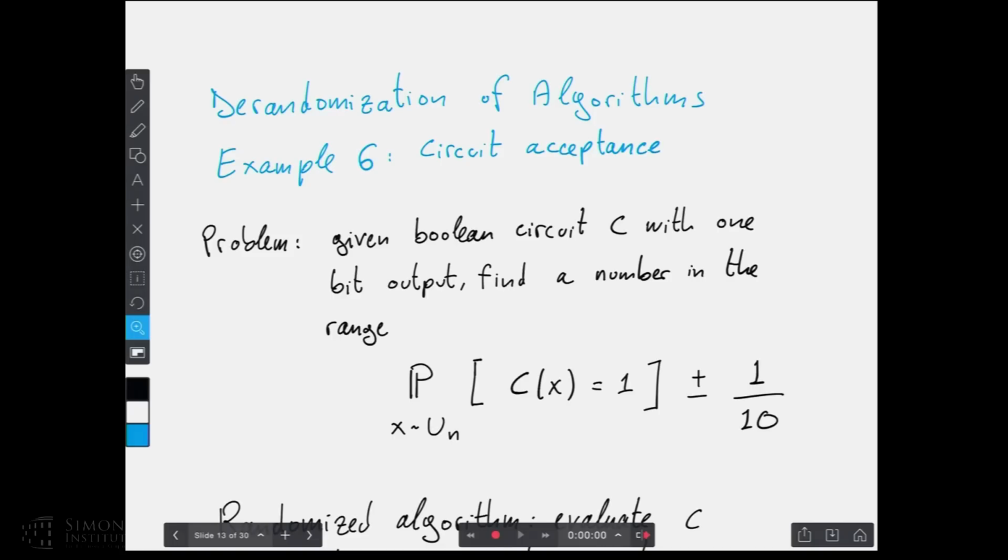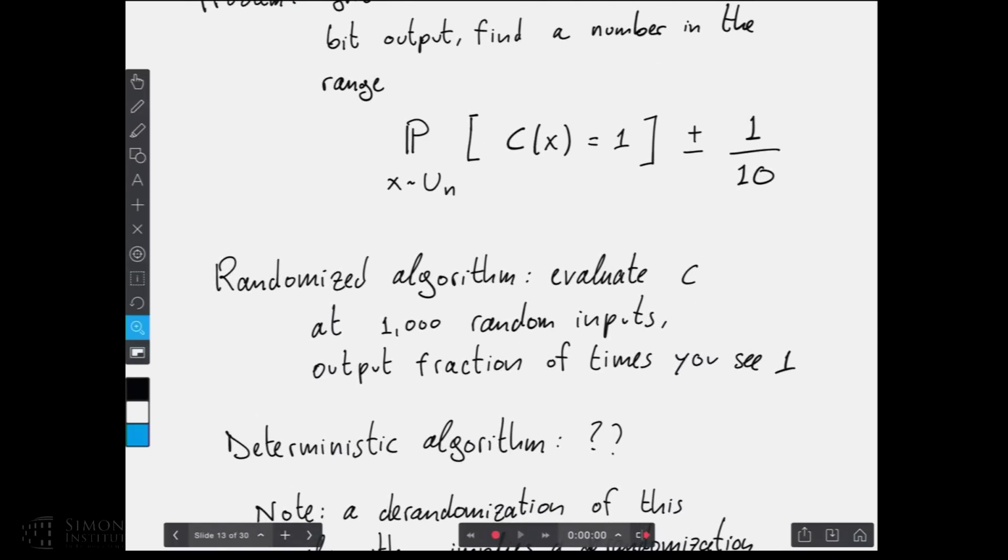What's the fraction of inputs that make the circuit output 0? So there is a very simple randomized algorithm for this problem. Just look at what happens with a small sample. With high probability, you will get the correct fraction up to an error that is like 1 over the square root of the number of samples.